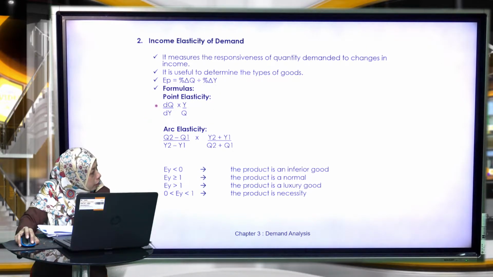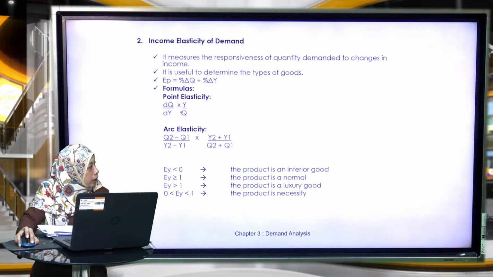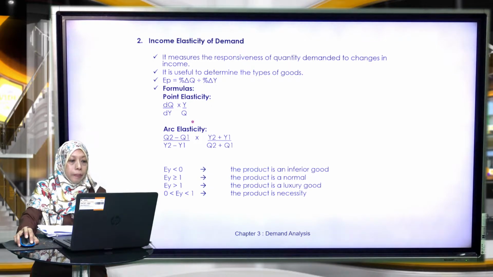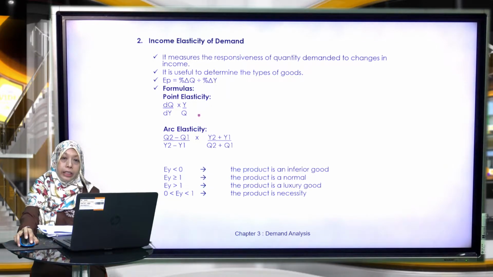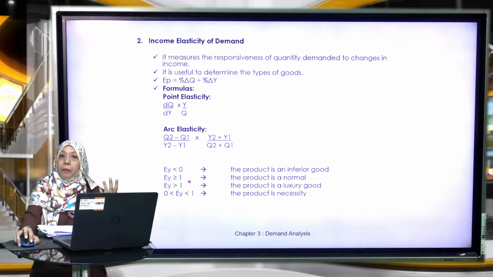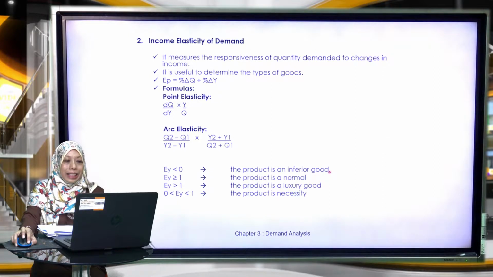Looking at this formula, what you need to do first is differentiate your Q function with respect to Y, and then multiply it by Y divided by Q. When you calculate your income elasticity of demand, you may get either a positive or a negative value. If the value is negative, the product is said to be an inferior good.